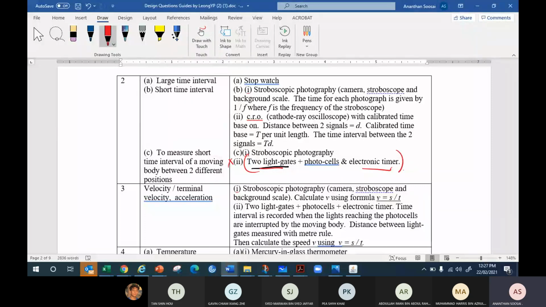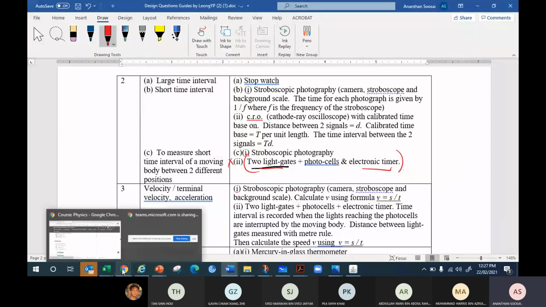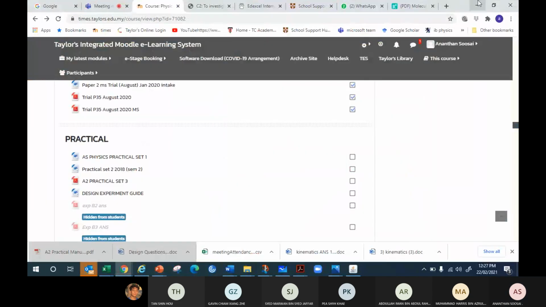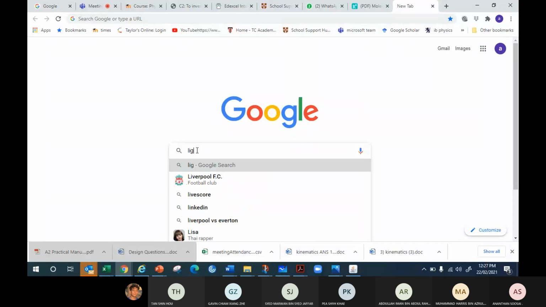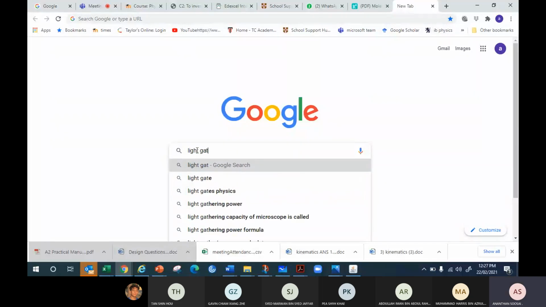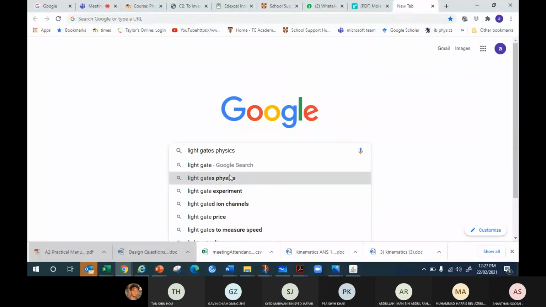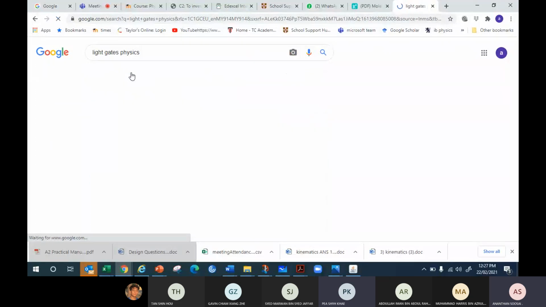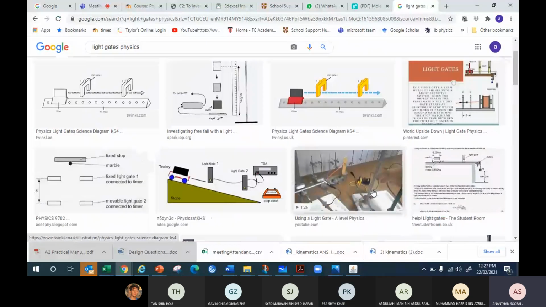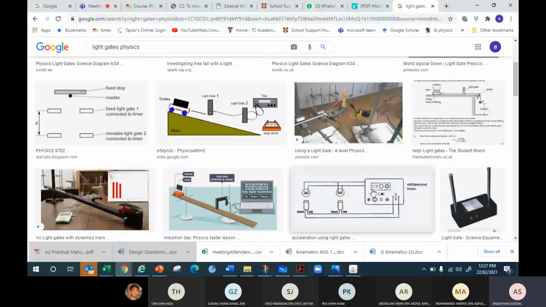Have you seen a light gate? Did I show you a light gate last time? Anyone? No. Okay, this is what we call a light gate.